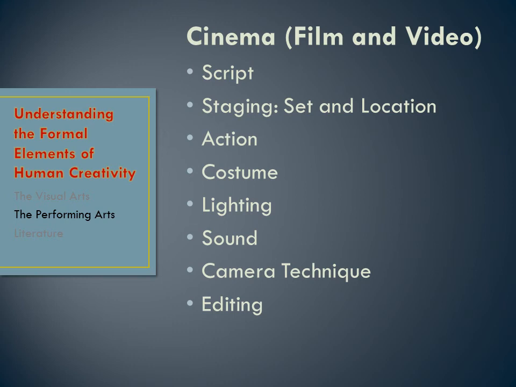What does that gain them in terms of the sharpness of the image, and how does that contribute to the story? But other things with camera technique have to do with, are they using one camera or two? Do you see everything from one angle? Or does the scene shift from one camera angle to another camera angle? Does the camera itself move and follow the action? Does the camera stay stationary and straight?